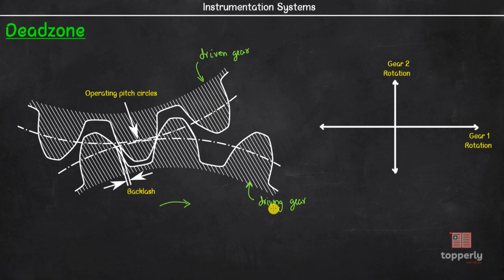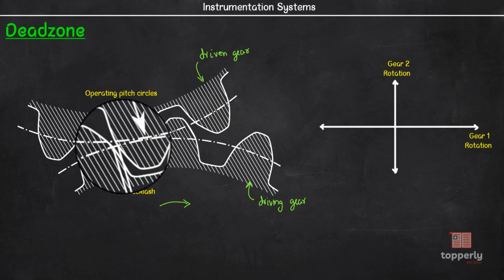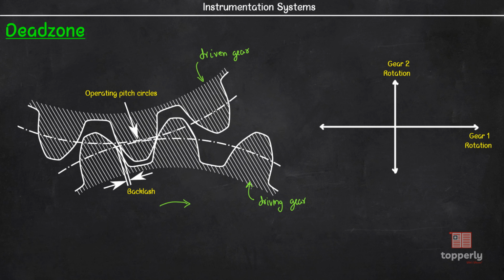If we rotate the driving gear, the motion won't be transferred to the driven gear until the gap closes. If we consider the degree of rotation of the driving gear, gear 1, as input, and the degree of rotation of the driven gear, gear 2, as output, we can see that even though there is input, the output remains 0 for some time. After that, there is a linear relation.